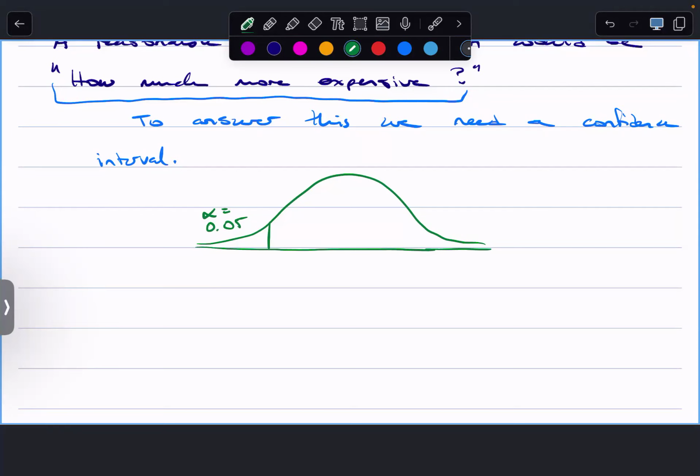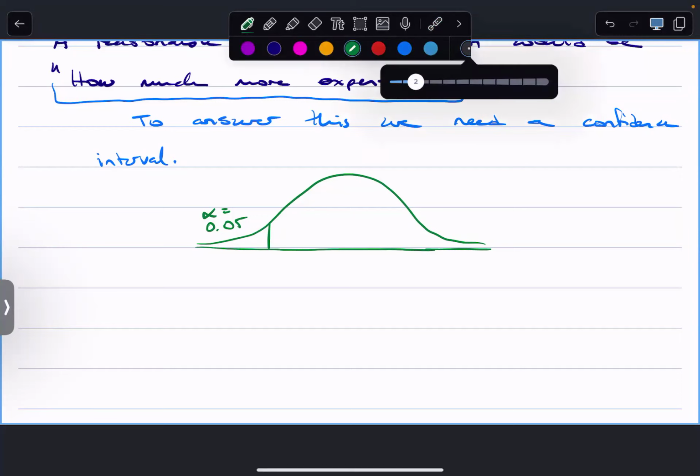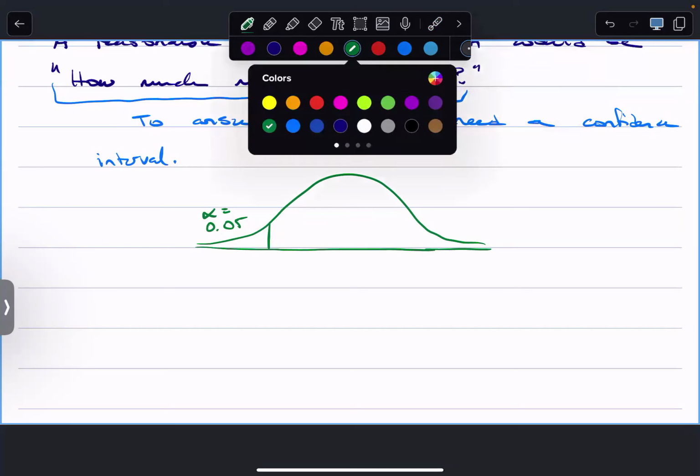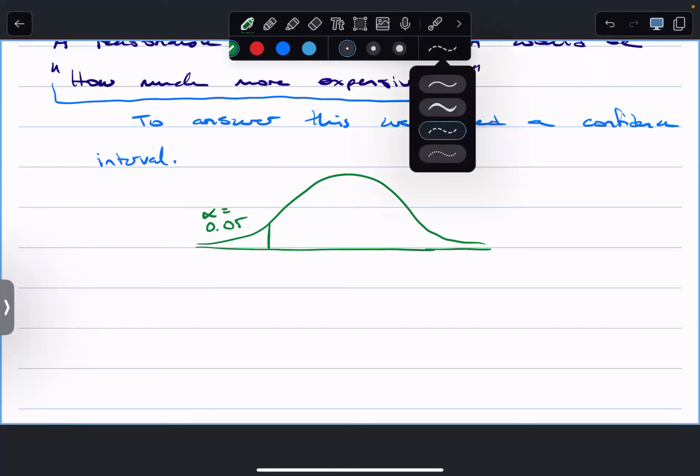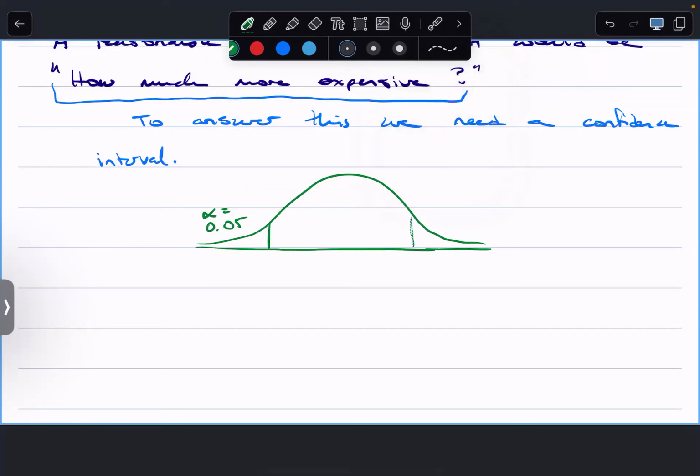The problem is when we have a one-sided test, right? Then we've forced all this 5%, or this 0.05, into one tail. And so to make a corresponding confidence interval, we would need to pretend that I would need to force alpha equal to 0.05 in this tail as well.